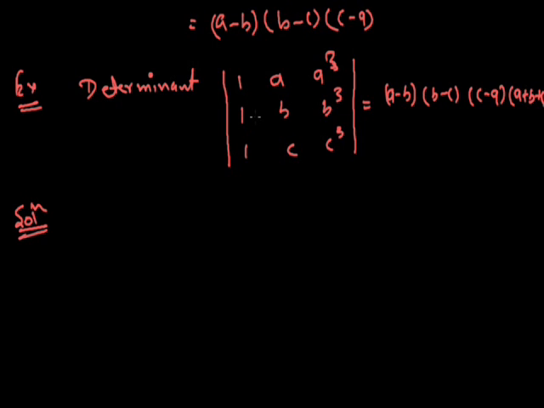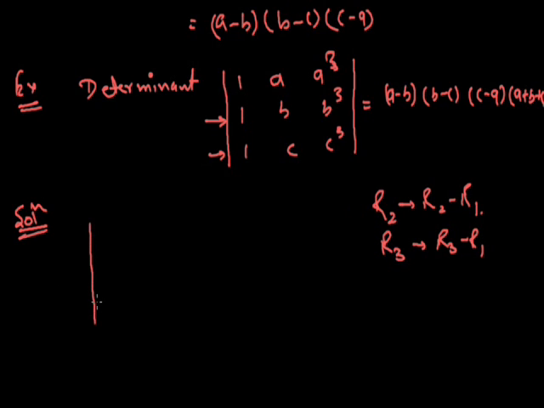now apply the operation in the second and third rows. R2 changes to R2 minus R1 and R3 changes to R3 minus R1. So the first row is as it is, 1, A, A cube.